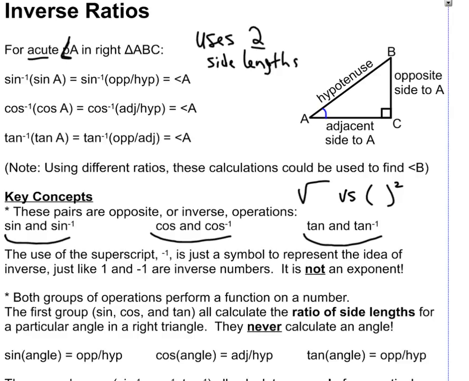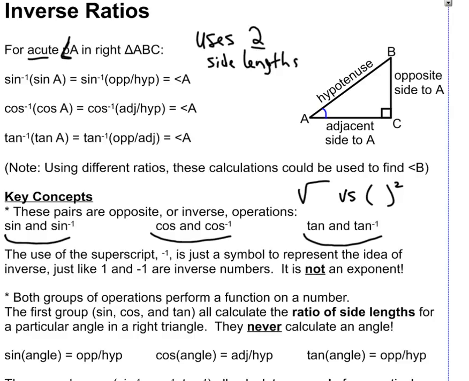The reason why I think -1 is used is that it brings up the idea of opposites, because you think of 1 and -1 as opposite numbers or inverses, and that's what's intended here, that when you see that -1 attached to the trigonometric operator, you're applying the inverse. And your calculator will do this using probably a second function or a shift key, and you need to locate that set of 3 buttons in your calculator and be familiar with how to use those.